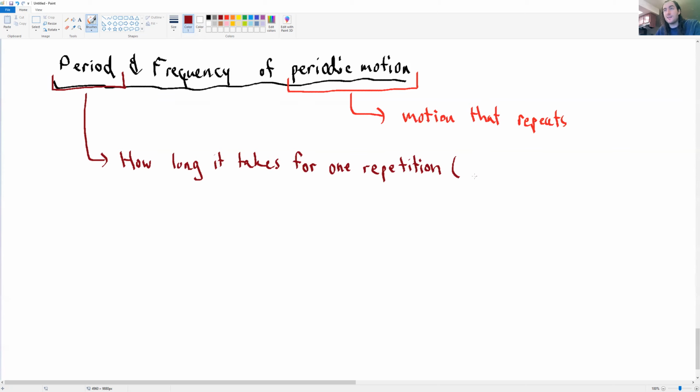How long it takes is a time, right? So it would be measured in seconds. And then frequency here is how many repetitions occur in 1 second.